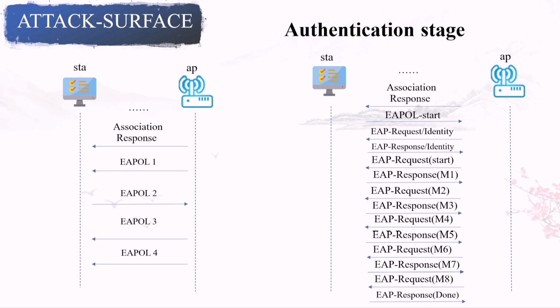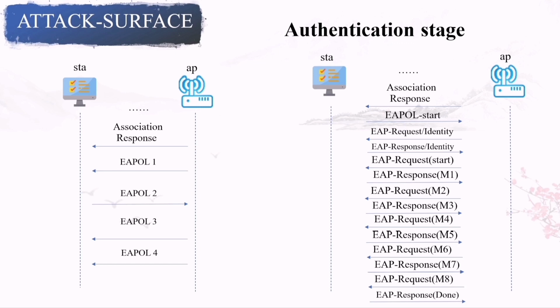Wi-Fi authentication stage. This doesn't refer to the interaction of authentication frames, but the actual verification of the password information of the station device. Other authentication methods such as WPA2 use the four-way handshake of EAPOL packets.